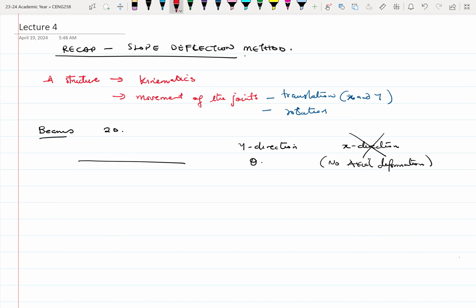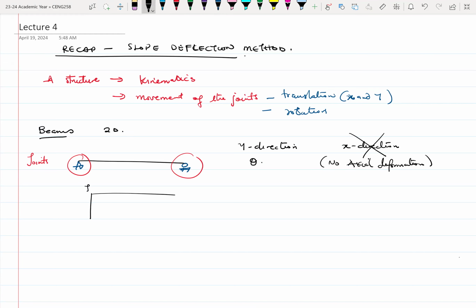So here, if you have a simply supported beam, when describing joints of a structural member, we assume that the joint can be either a support, or the joint can be where members connect, right?